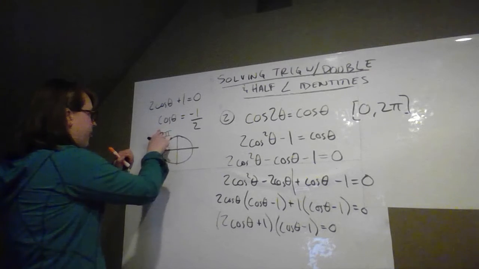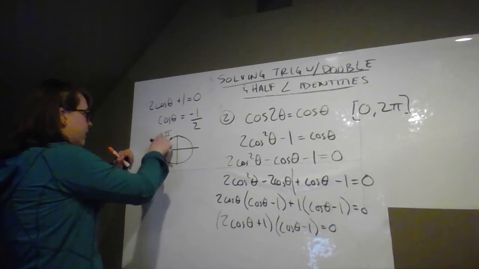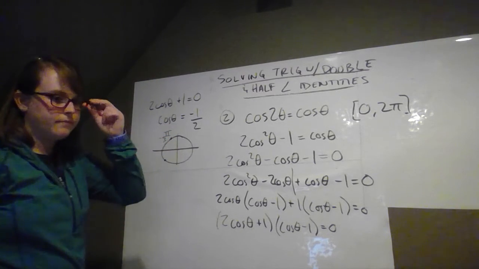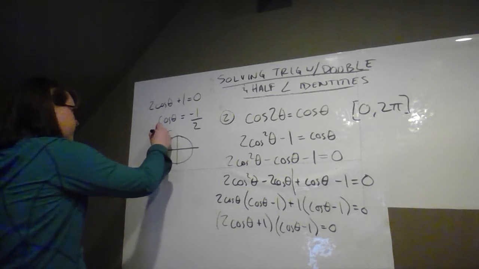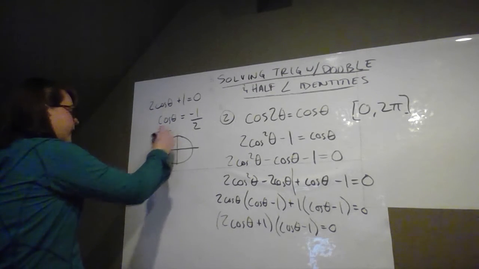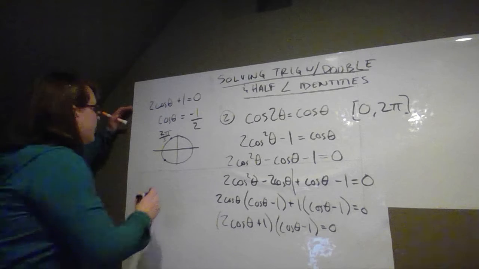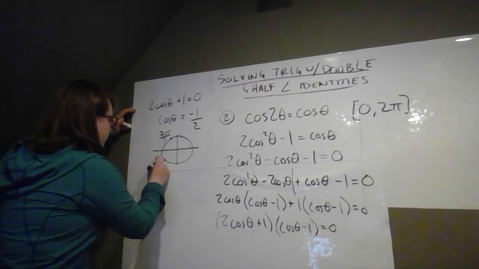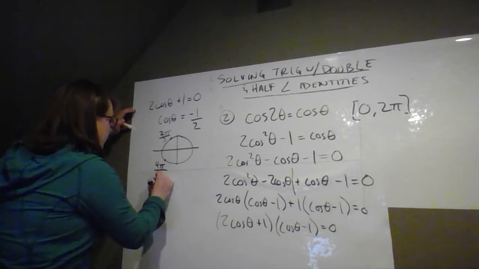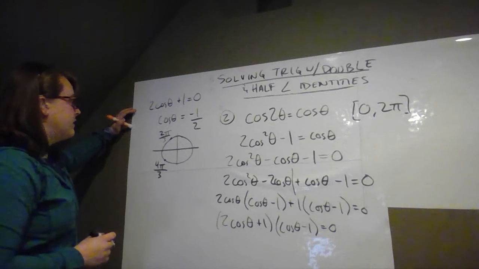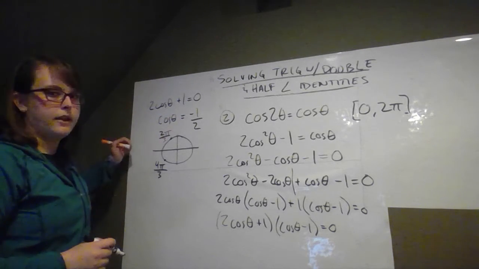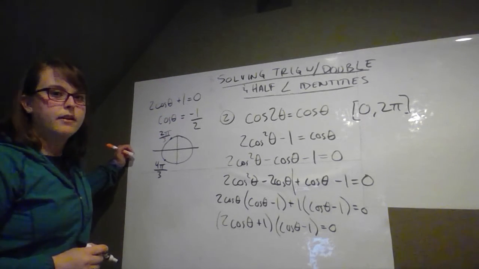Or wait, sorry, not 5 pi over 3 right there. 2 pi over 3. Sorry about that. It's before it gets to pi. And then after, 4 pi over 3.